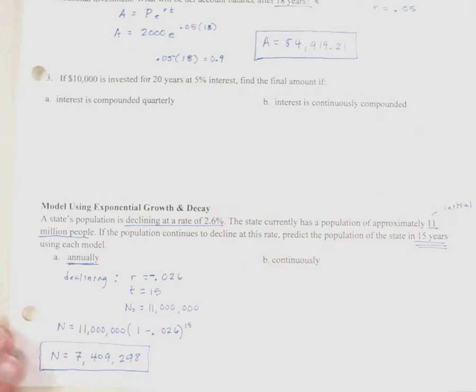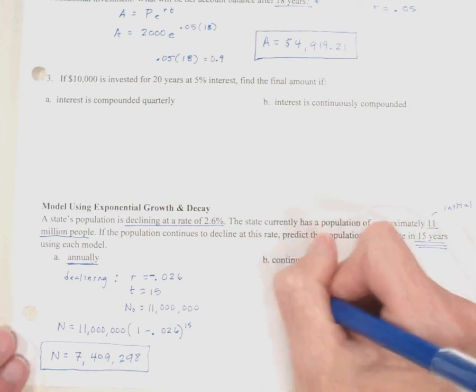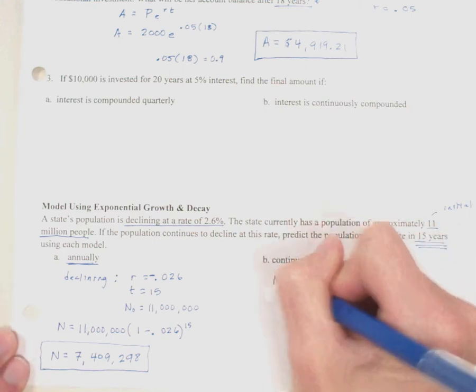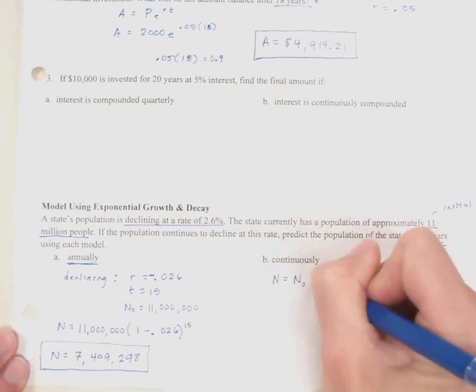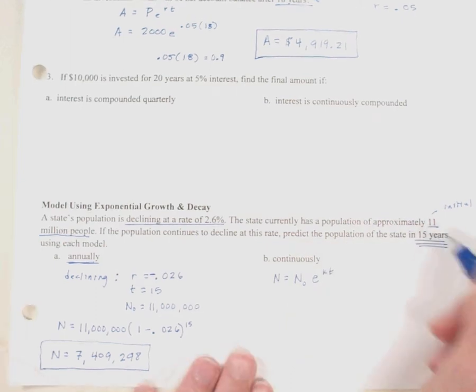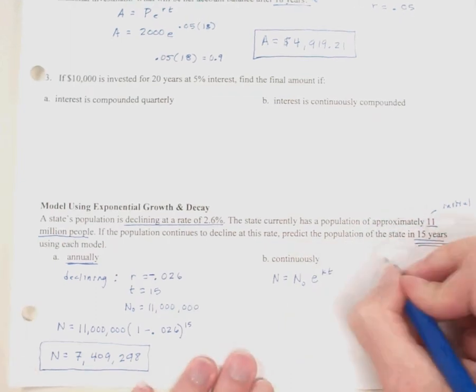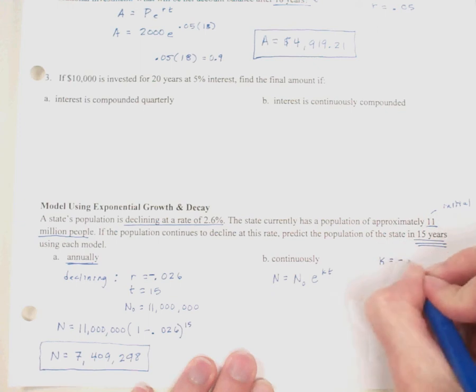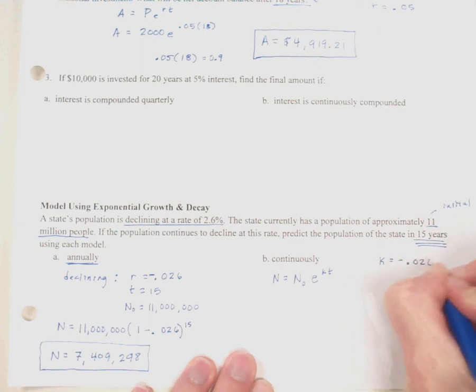Now we're going to model this also if we have a continuous rate, continuous exponential decay. For continuous exponential decay, we have N equals N sub 0 e to the kt power. Again, k is our rate, so k is equal to negative 0.026.